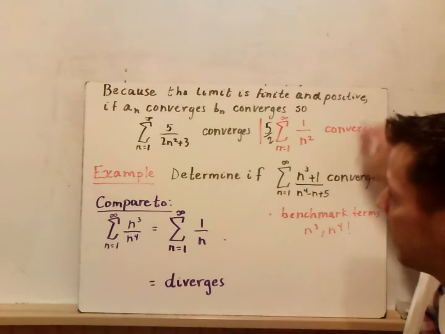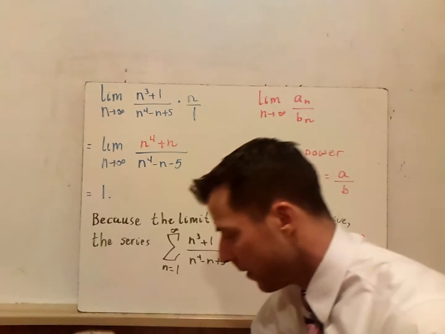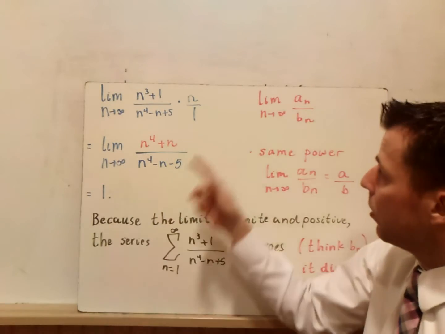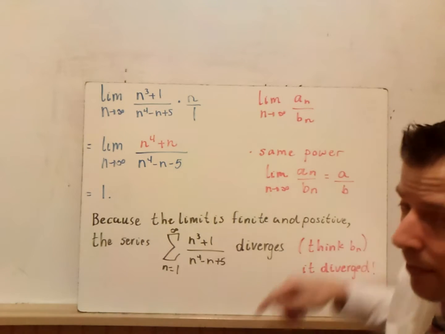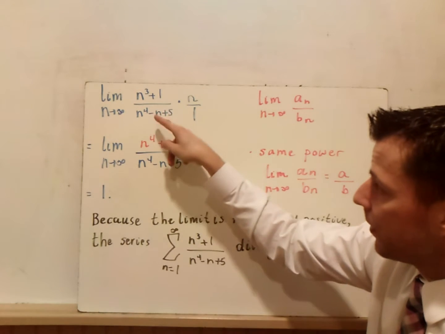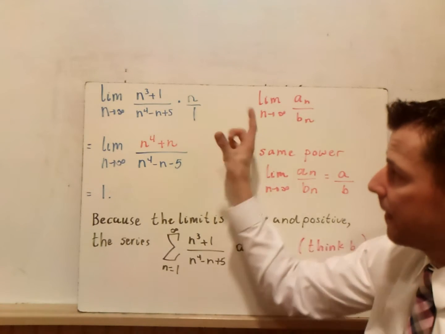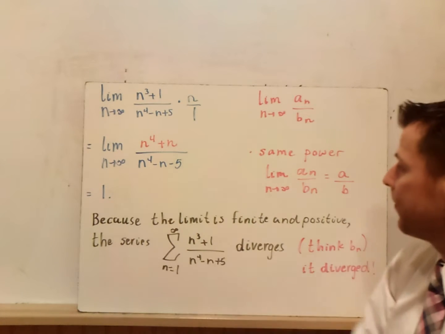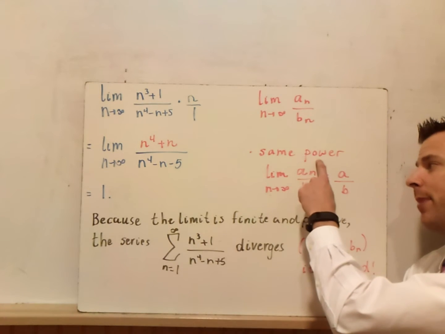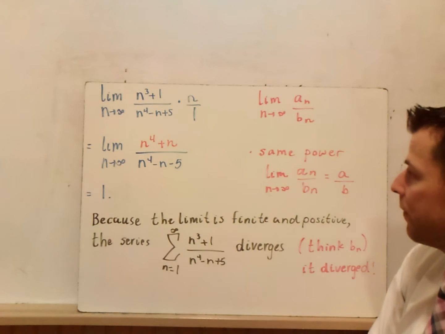So now let's look at figuring out if our series converges or diverges. I now apply the rule. Limit as n approaches infinity of a sub n divided by b sub n, which is here. Dividing by 1 over n is the same thing as multiplying by n over 1. I multiply straight across, and you can see what I'm left with. Again, they have the same power, so we know our limit is going to be a divided by b, our leading coefficients.